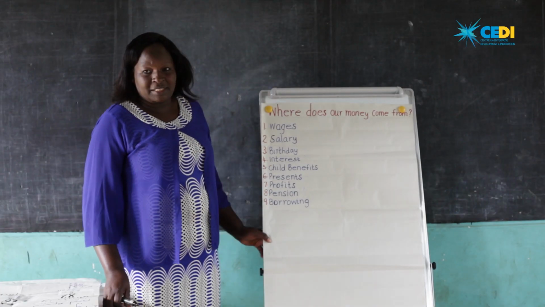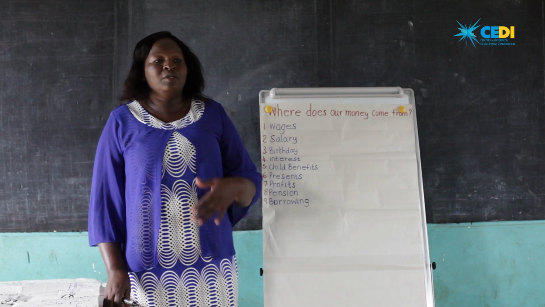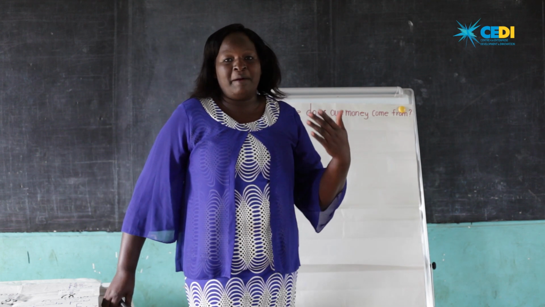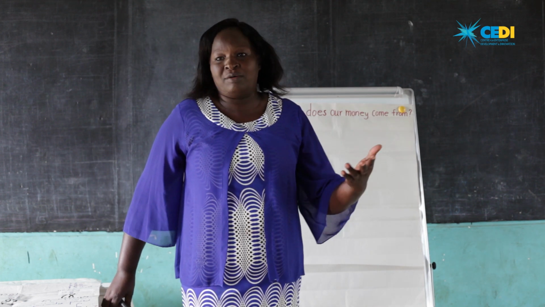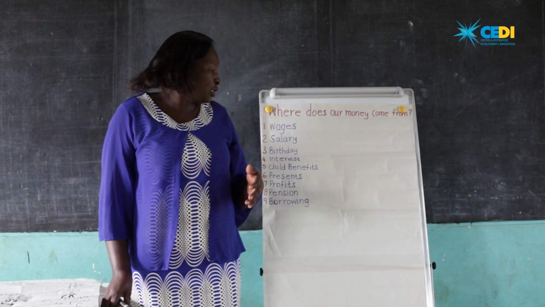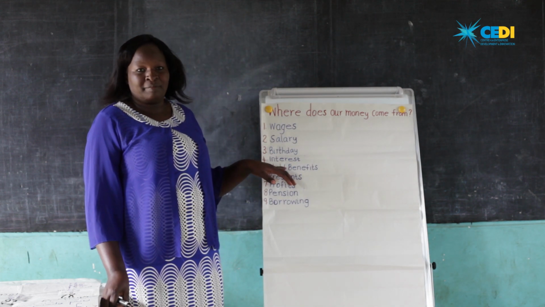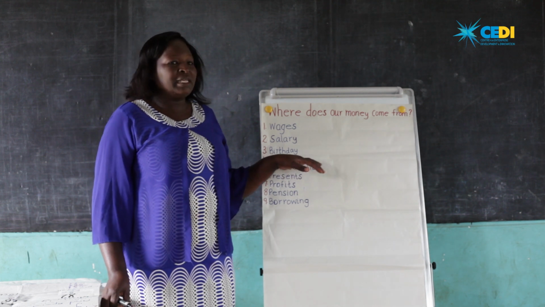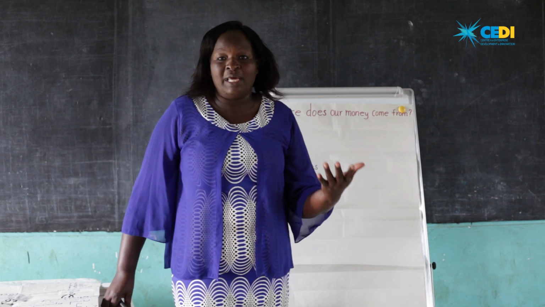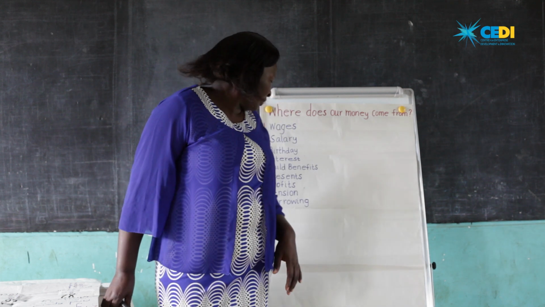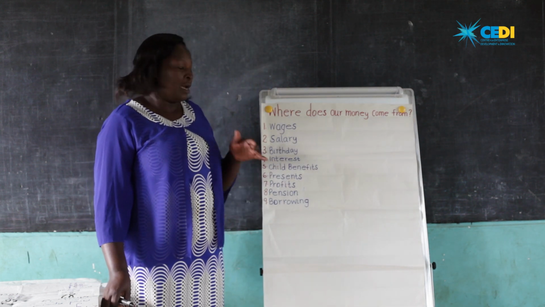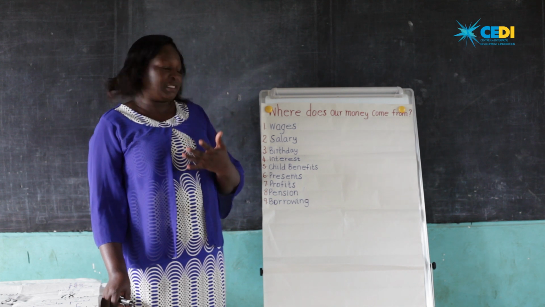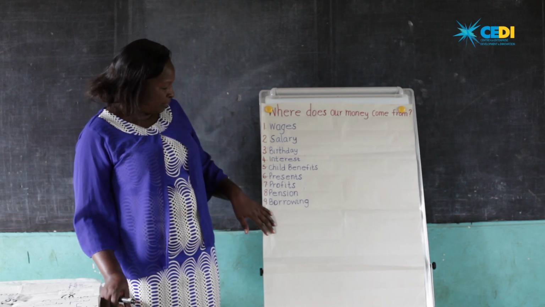Then interest. When you put your money in the bank, in a savings account, it will earn what we call interest. And interest is also calculated monthly. So it is money that you get monthly out of your savings in the bank.